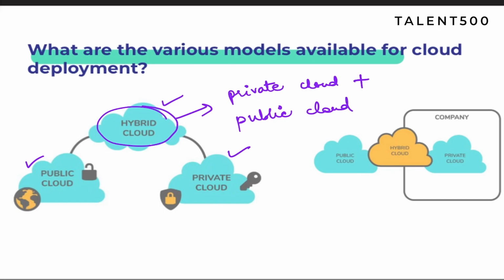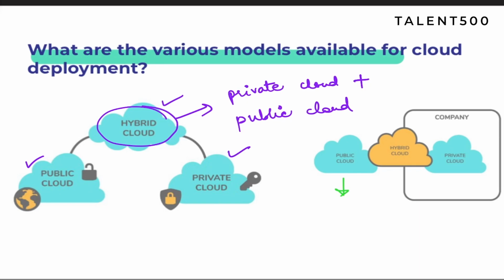Also, this hybrid cloud includes the scenario of using your on-premise servers for processing some confidential, sensitive data, and you can use your public cloud if you want to host some public-facing application.